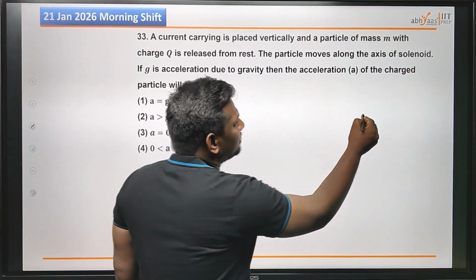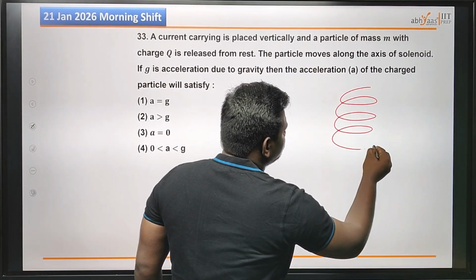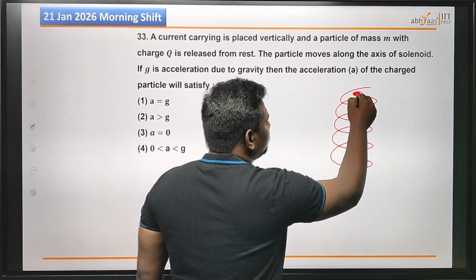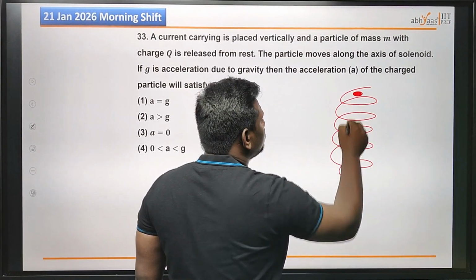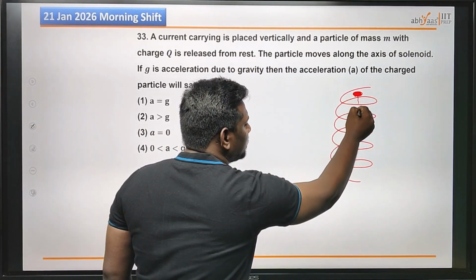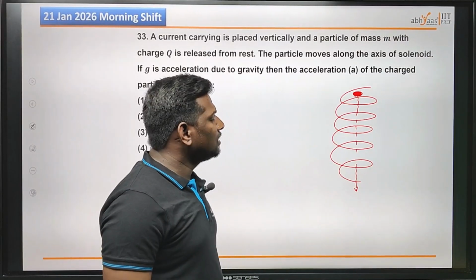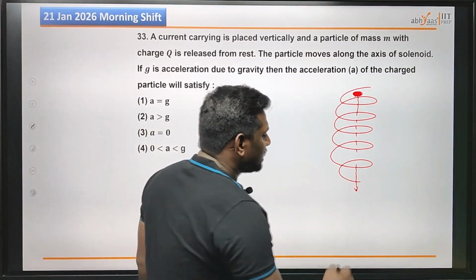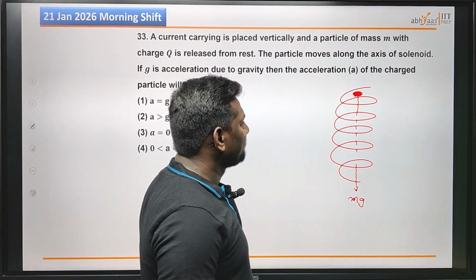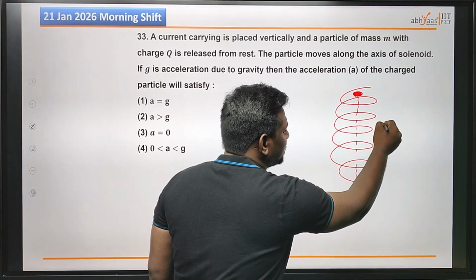What they are giving? They have given one solenoid, and one particle is there. The particle is moving vertically downward. If the mass is m, the gravitational force can be written as mg, and the velocity is in a downward direction.